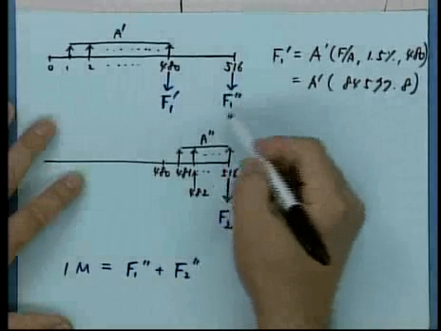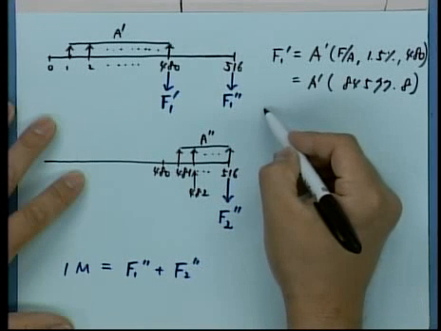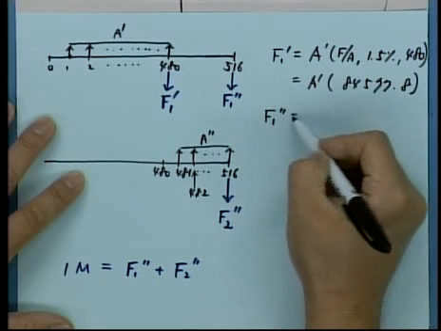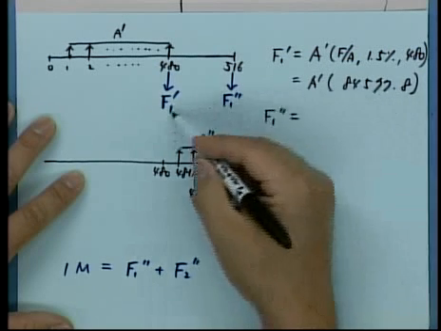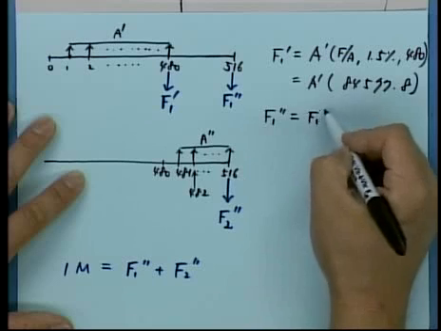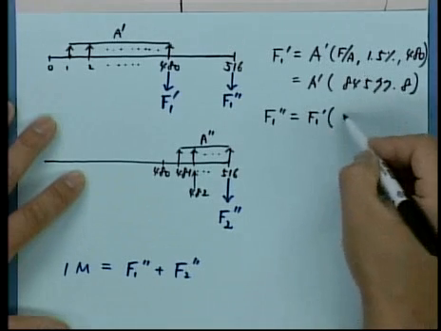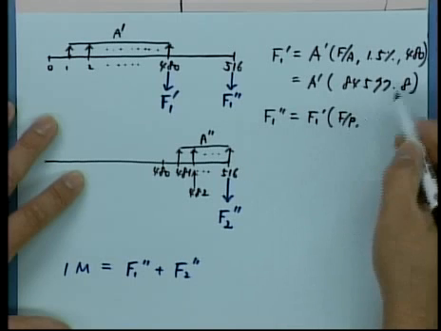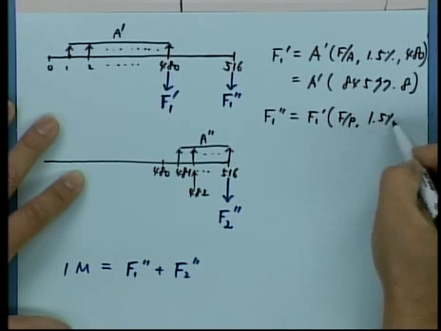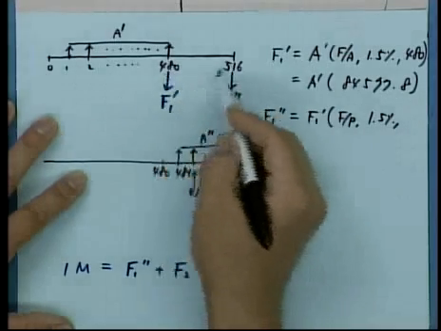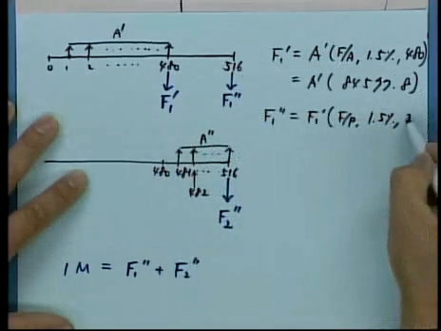And how do you get F1 double prime? F1 double prime is equal to F1 prime, which is this, times F given P, 1.5% over 36 months.